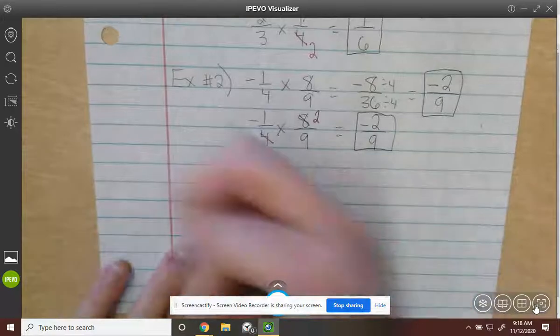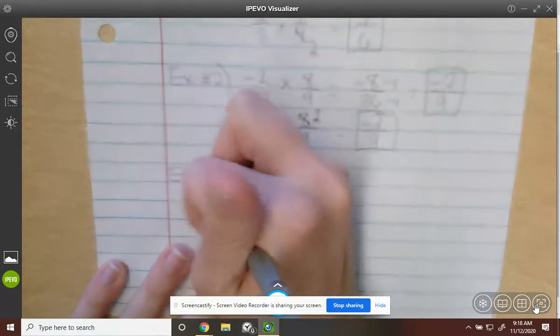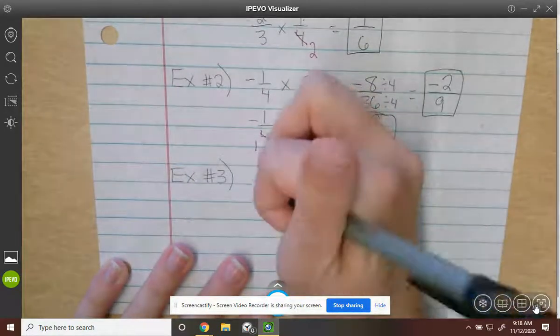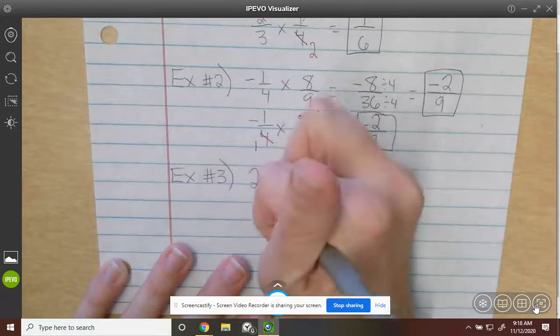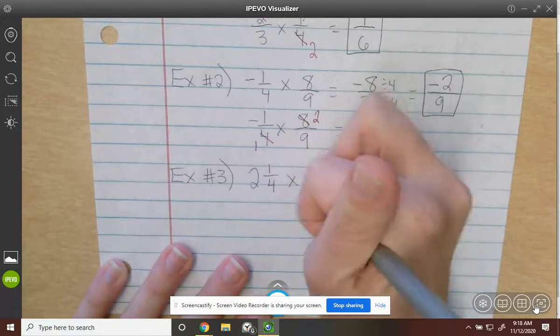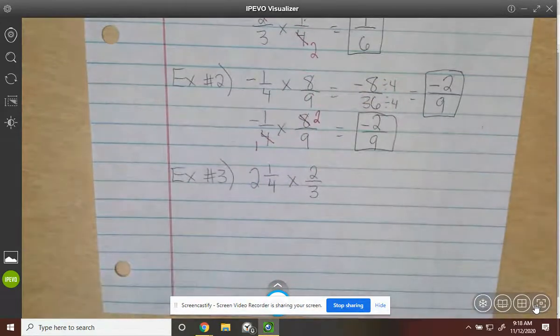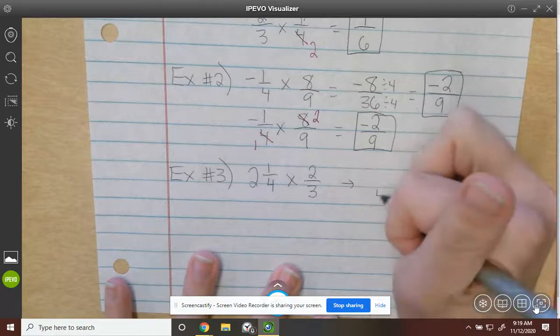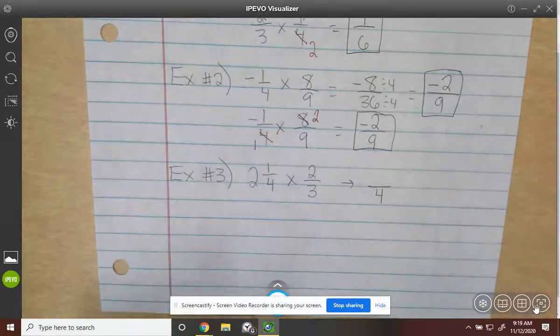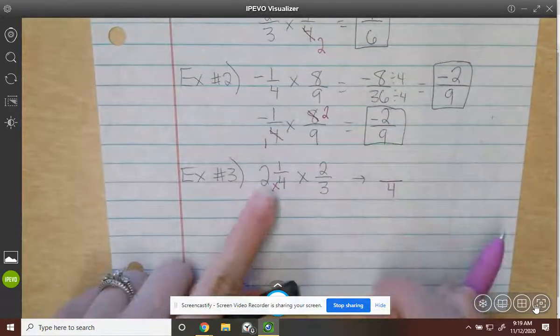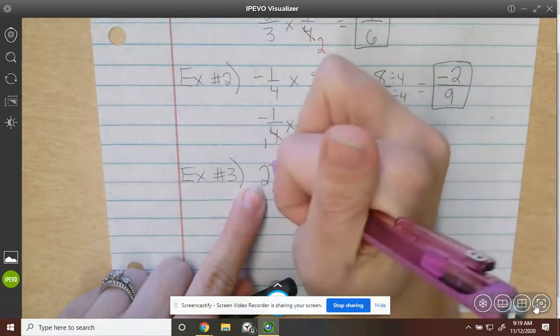Okay, last multiplying problem. We got 2 1/4 times 2/3. Step 1, mixed numbers must be turned improper. So remember to do this. 4 stays my denominator. I take 4 times 2, which is 8, and then I add 1.